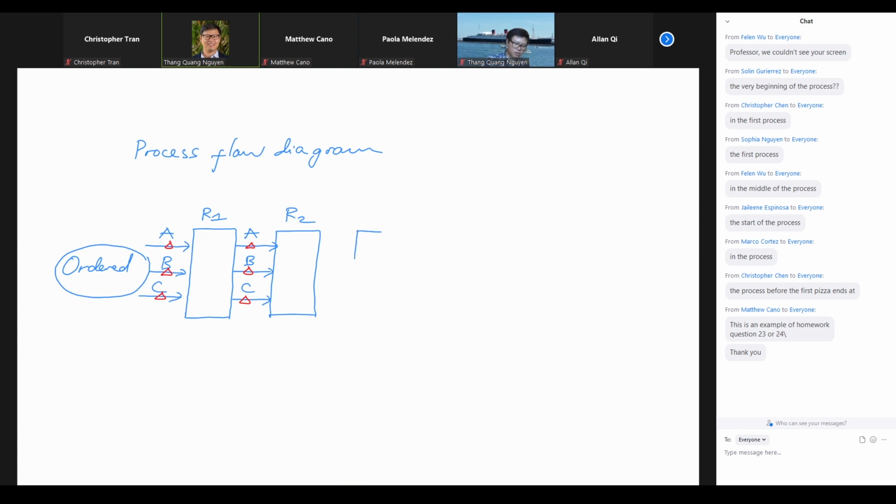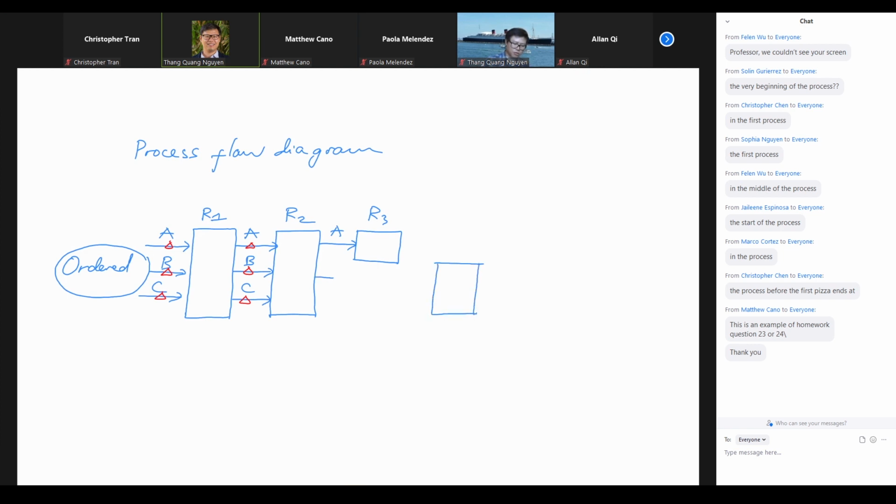We have resource number 3, and A goes through it. Because B and C do not go through it, I draw R3 that short. And now we have resource number 4.